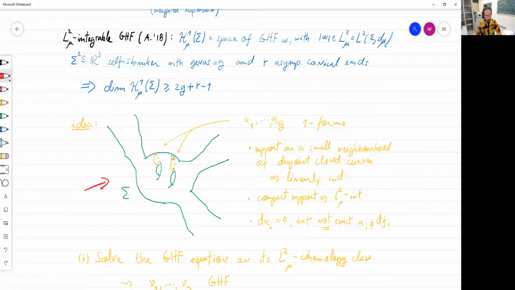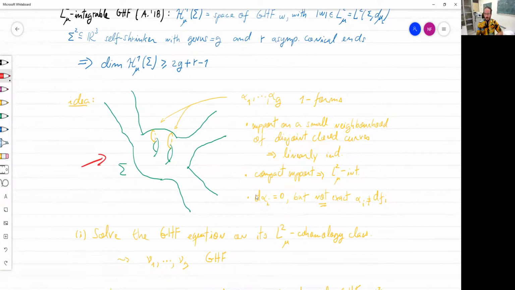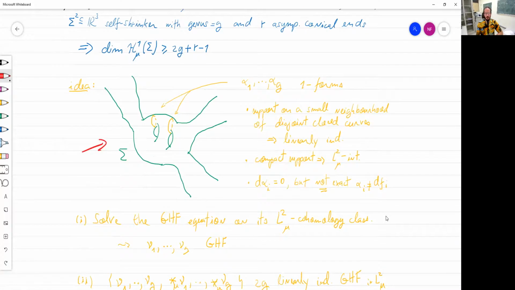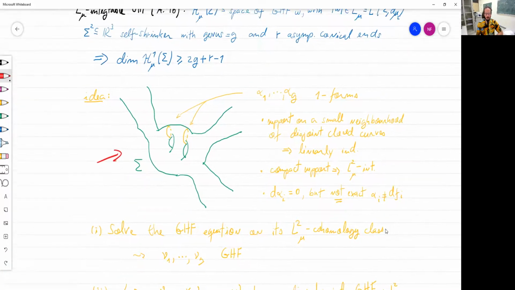So it has compact support near these closed curves. Okay, so for each one form the supports are disjoint. They're linearly independent, and they're not exact. So the idea here is to solve the Gaussian harmonic form equation, the two equations above. So they're already closed. So I need to solve the co-closed equation in its cohomology class, right?